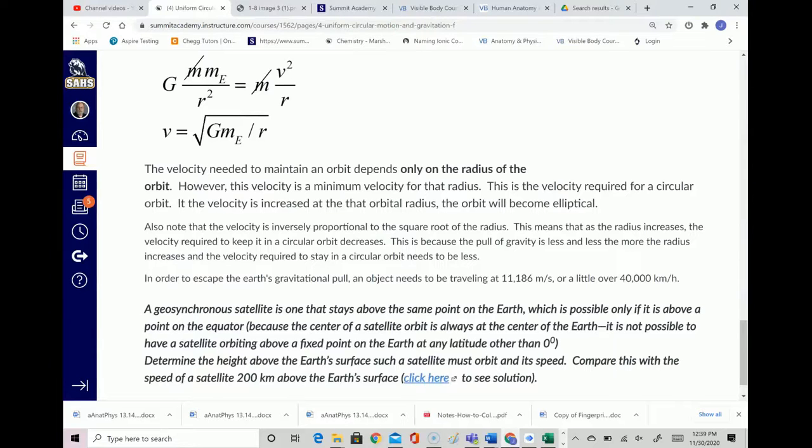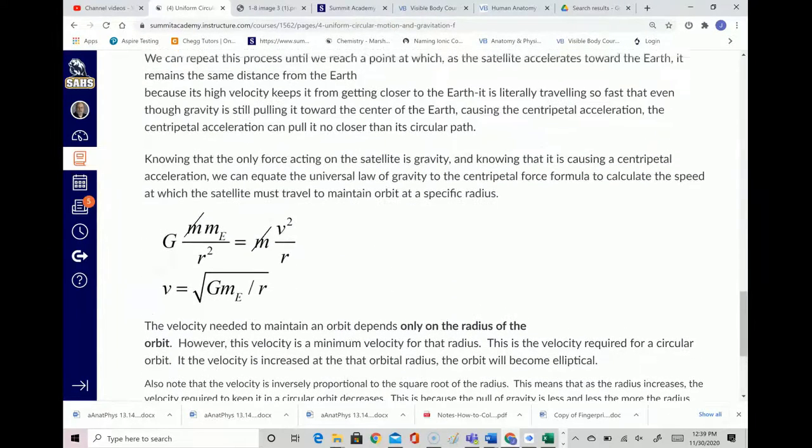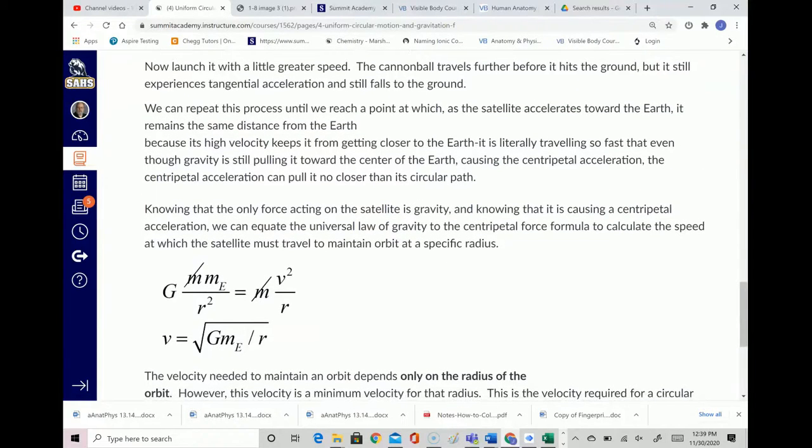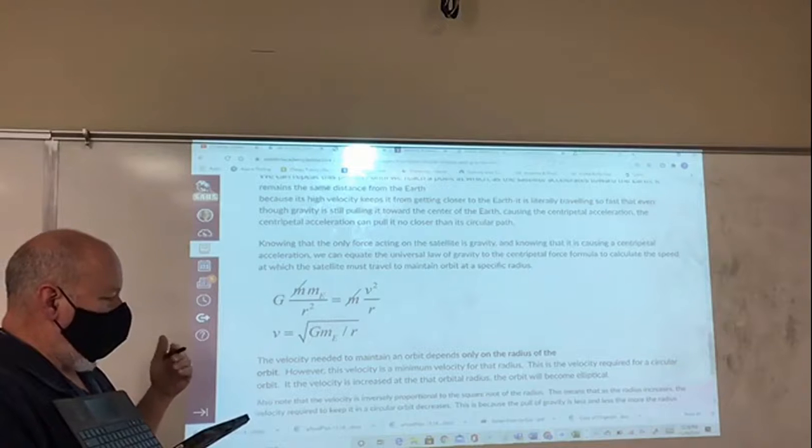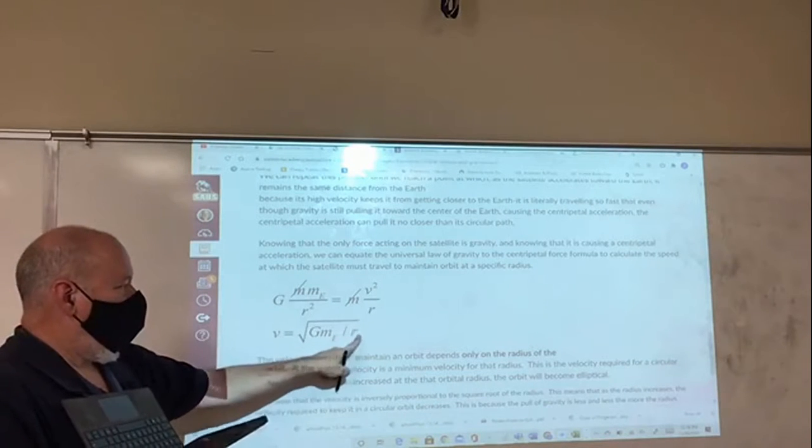So one thing that I said that I didn't explain very well, this formula here for the velocity of a satellite: velocity equals the square root of the gravitational constant times the mass of the Earth divided by the radius from the center of the Earth, is a minimum speed that you have to have in order to stay in orbit at a certain radius.